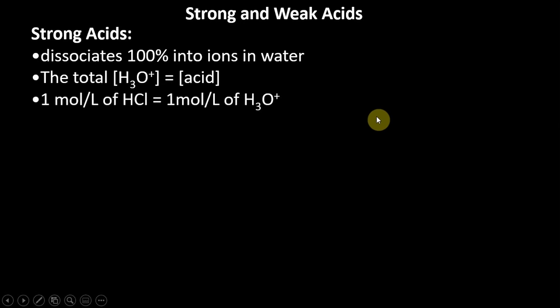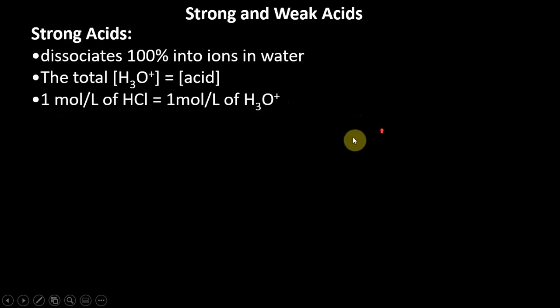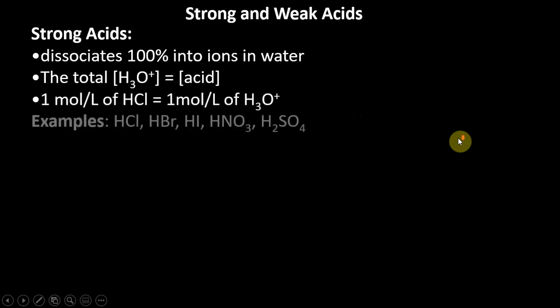So 1 mole per liter of hydrochloric acid would give us 1 mole per liter of hydronium ion concentration. Okay, examples of strong acids. Here's the other ones. Sulfuric acid, nitric acid, chloride, bromide, and iodide ions will give you strong acids with hydrogen.